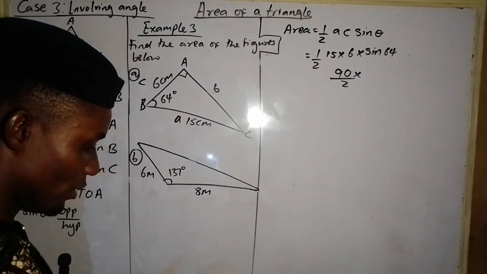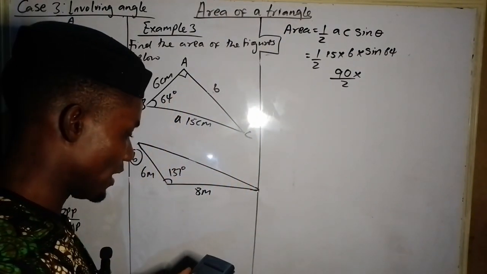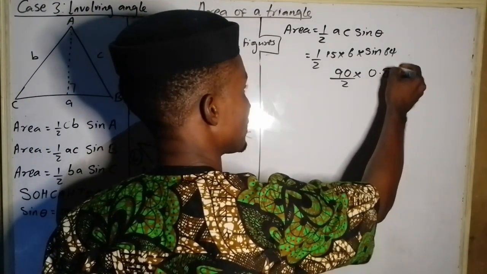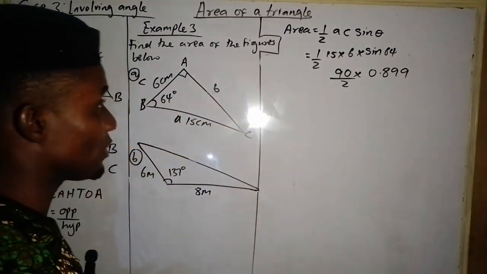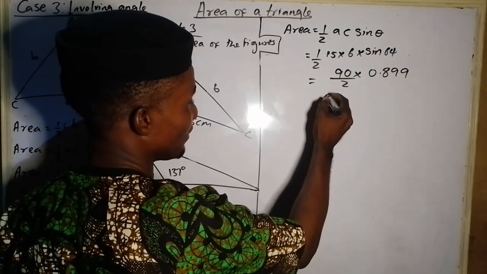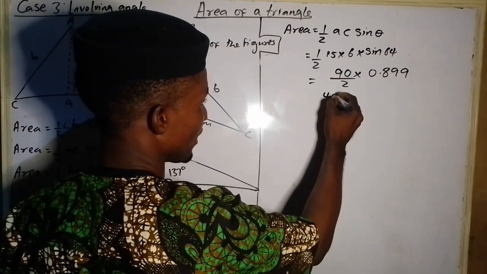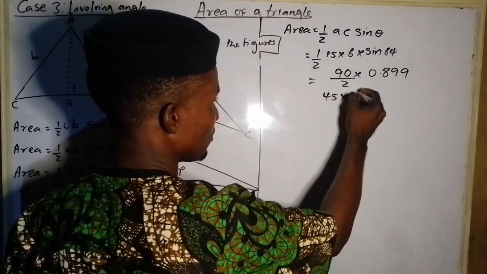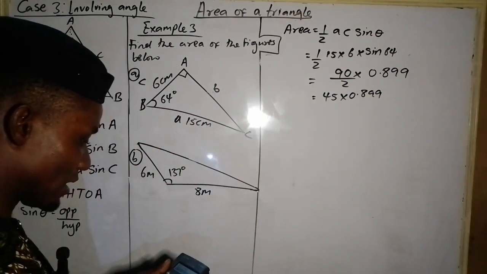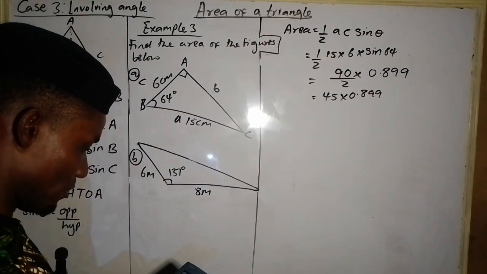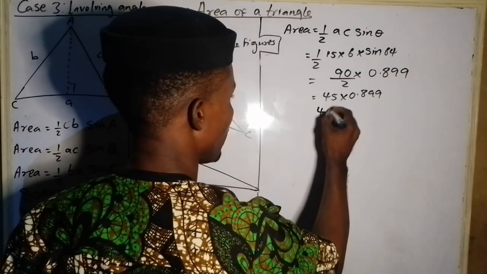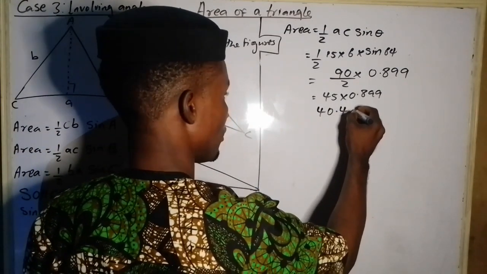Sine 64 is equal to 0.899. Now let's divide 90 by 2. 90 divided by 2 is going to give us 45. 45 times 0.899 is going to give us 40.46.